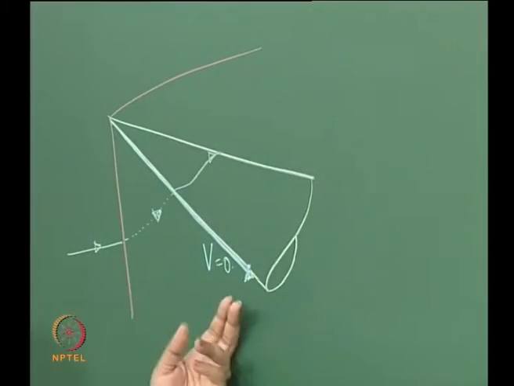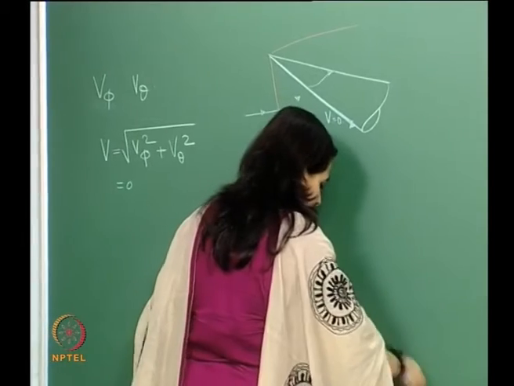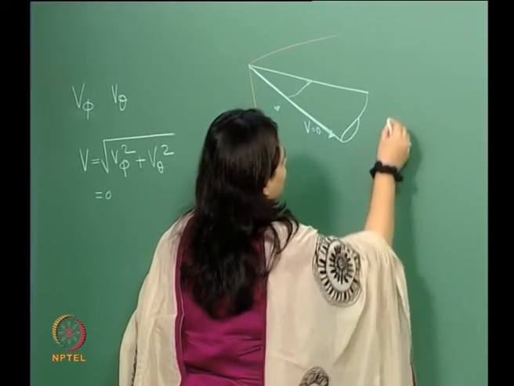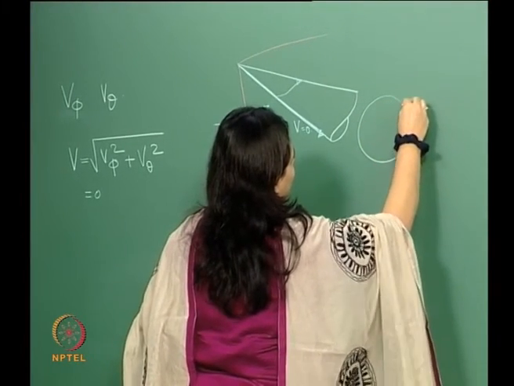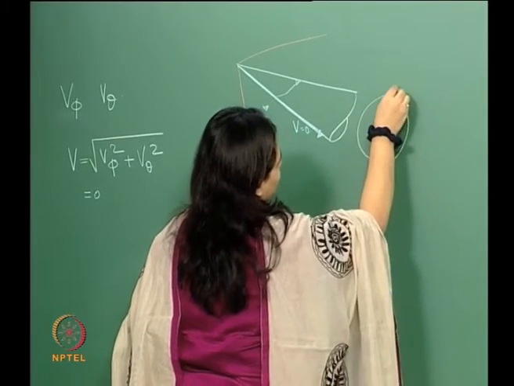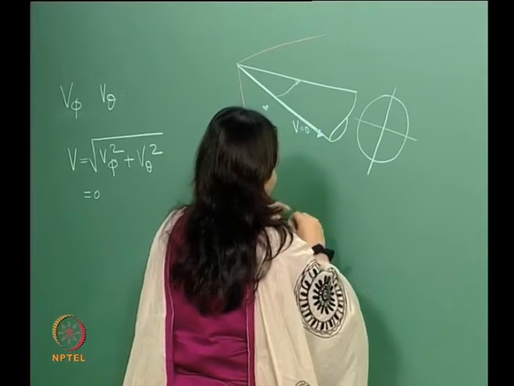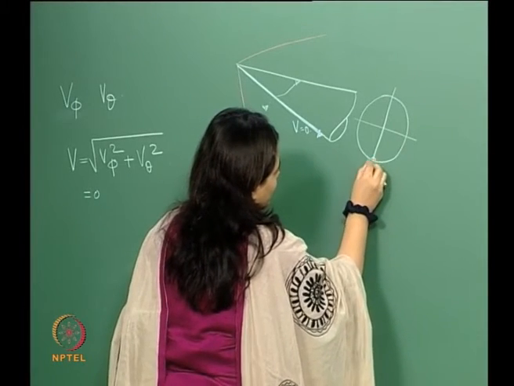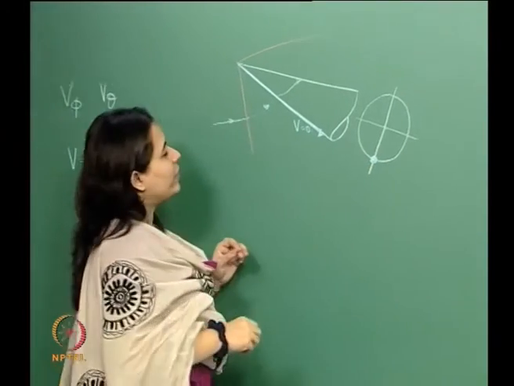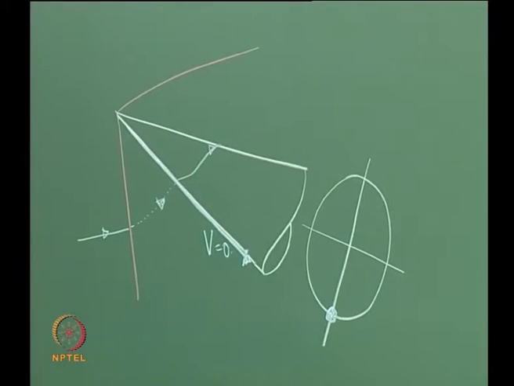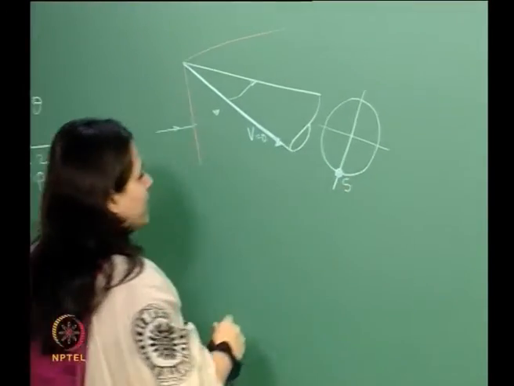If you project the point onto the cone surface as we were doing, this point projects onto here. So in this particular case, we can call this a stagnation point.